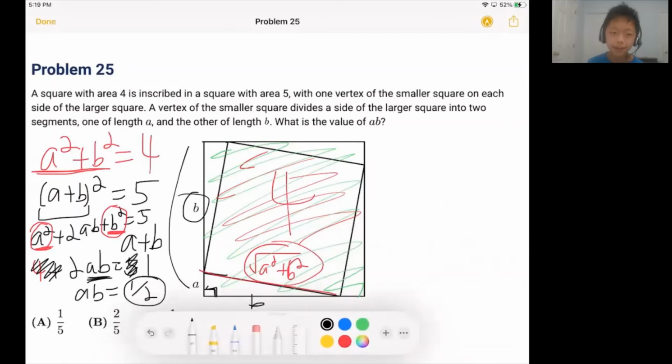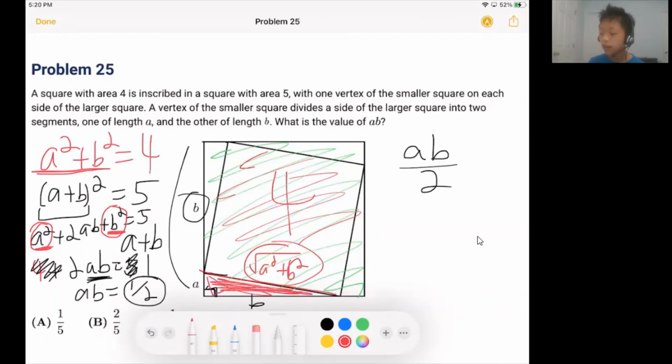I won't show the second way, but I'll briefly explain the general idea. A times B divided by 2 is the area of one of these congruent triangles.